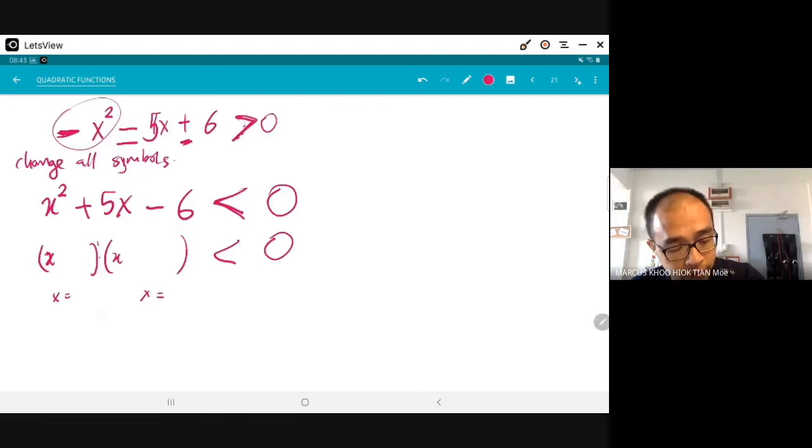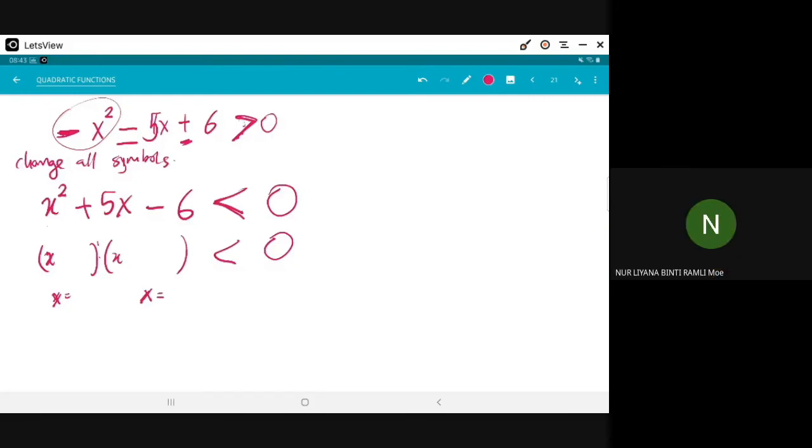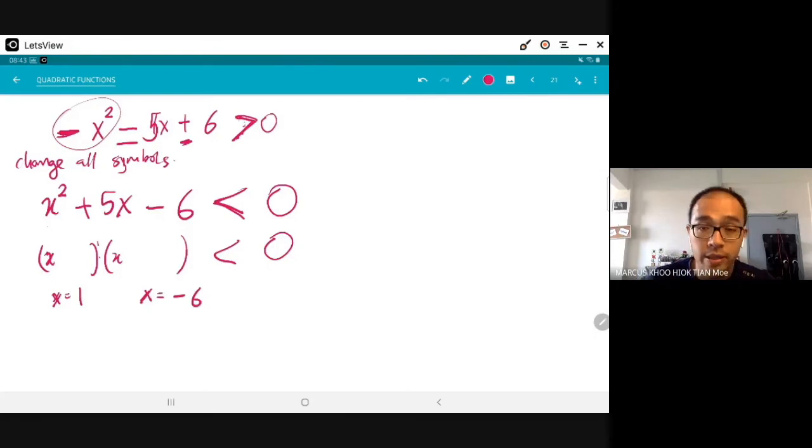Anybody? What is the roots of this? X squared plus 5x minus 6. Come on, roots. X equal to 1 and X equal to negative 6. Okay, very good. X equals to 1, X equals to negative 6. Maka kita punya kurungan is X minus 1 and X plus 6. Masih tanda yang berlainan lah.